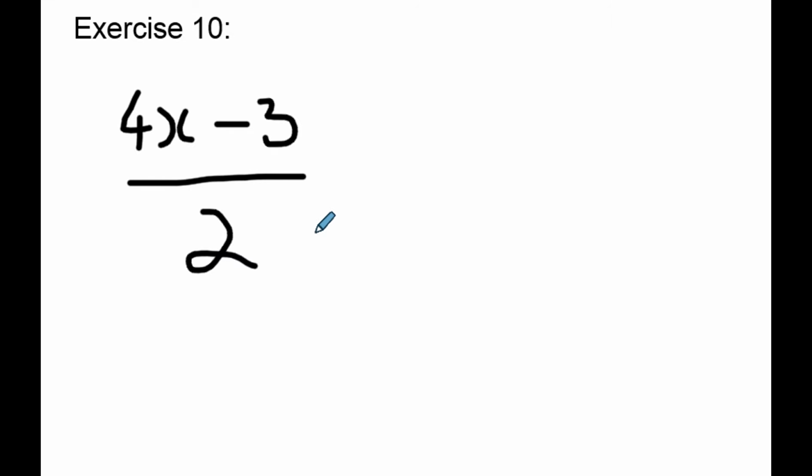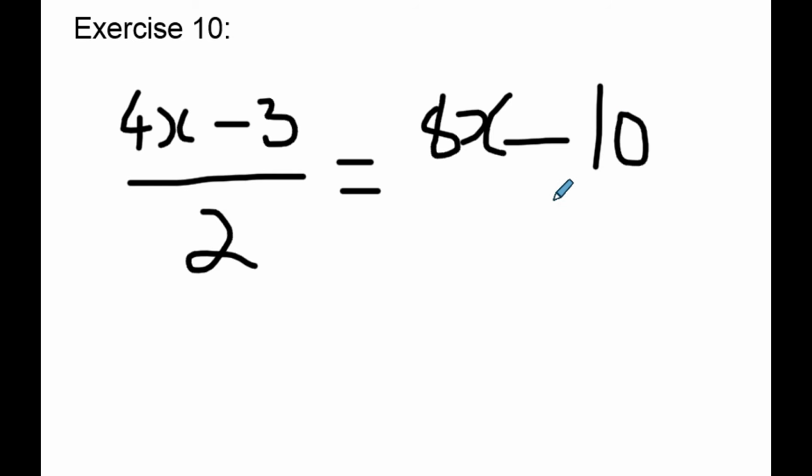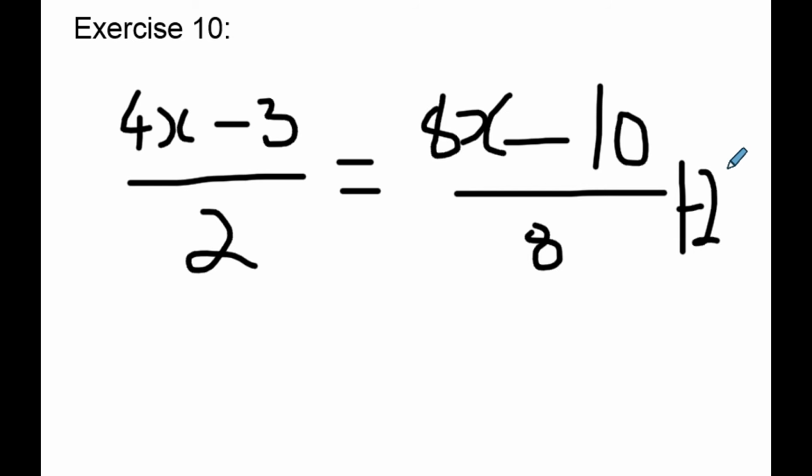He has to solve 4x minus 3 over 2 equals 8x minus 10 over 8 plus 2 whole number 3 over 4.